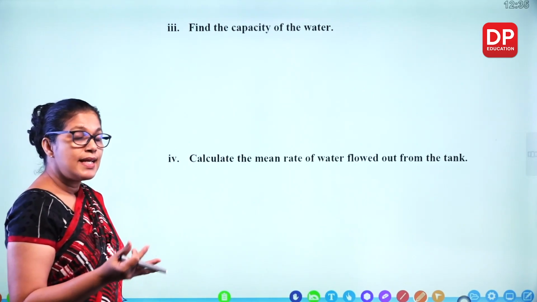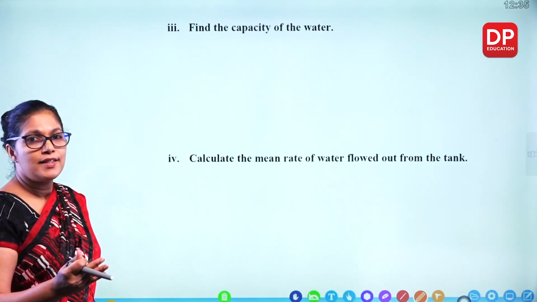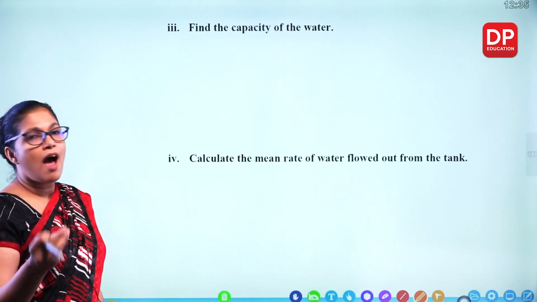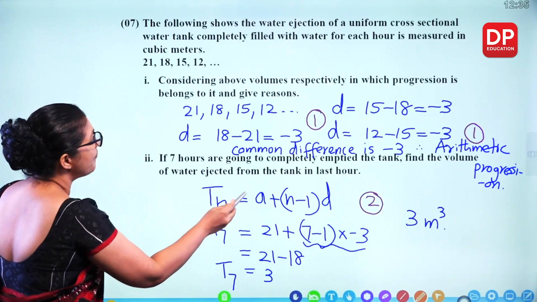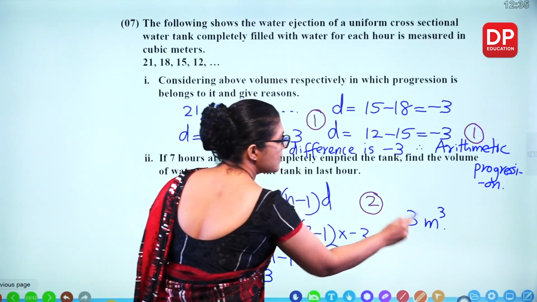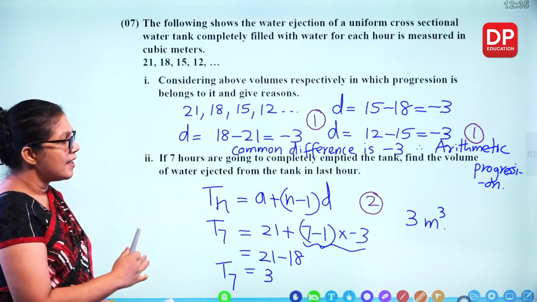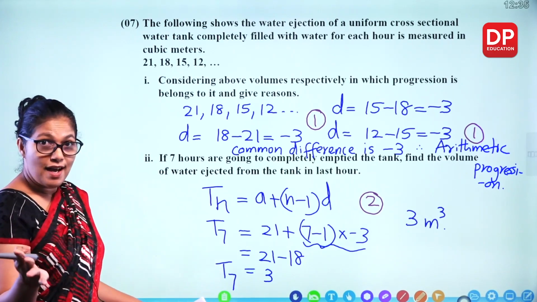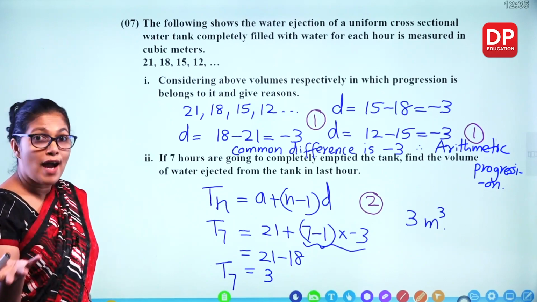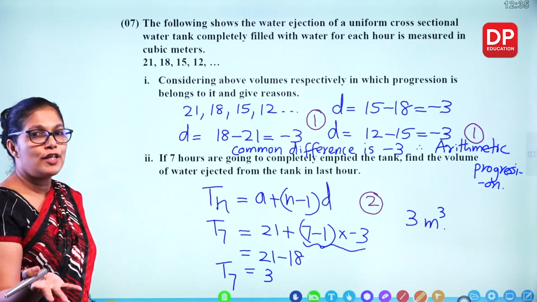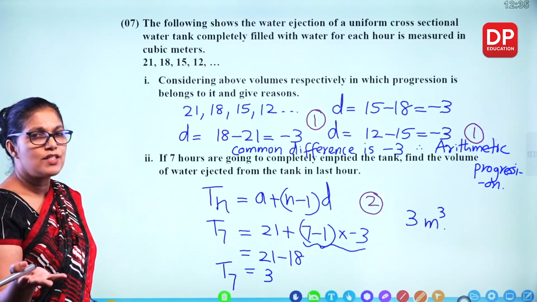Now it says the 7th hour is the last hour, and the volume of water is 3. So that means within 7 hours you can empty the tank. So finding the total volume is the capacity of the tank.